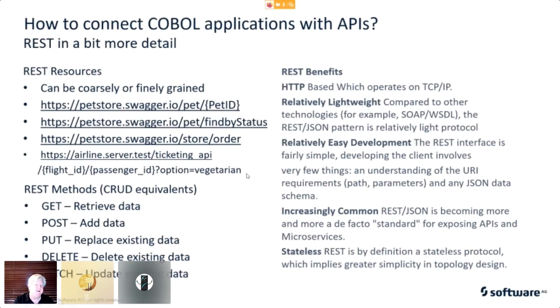Not only might I have a defined input, like this pet ID, or in this particular case, a flight ID and a passenger ID, but I can have some optional parameters as well. So a REST call can be very flexible. I may or may not send stuff to the calling resource. That's something we'll talk a little bit about later, is how your coding has to be flexible.